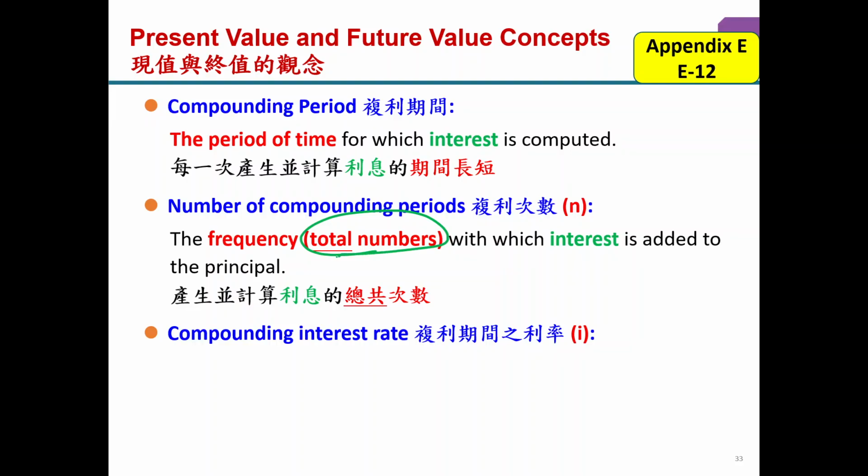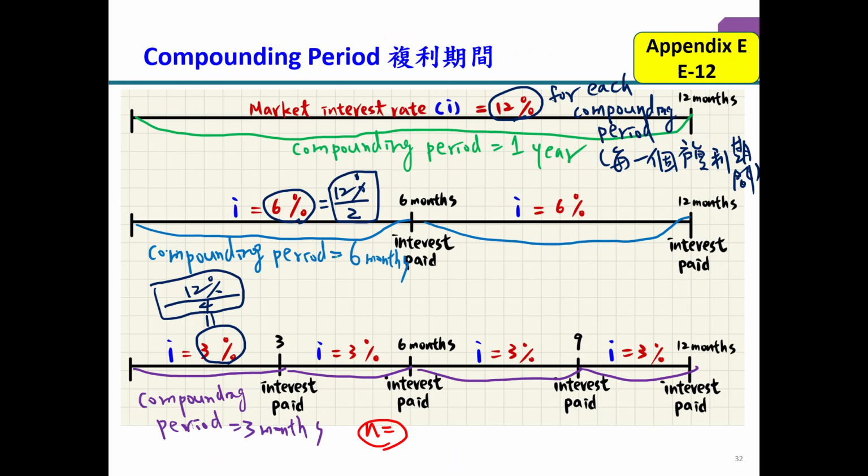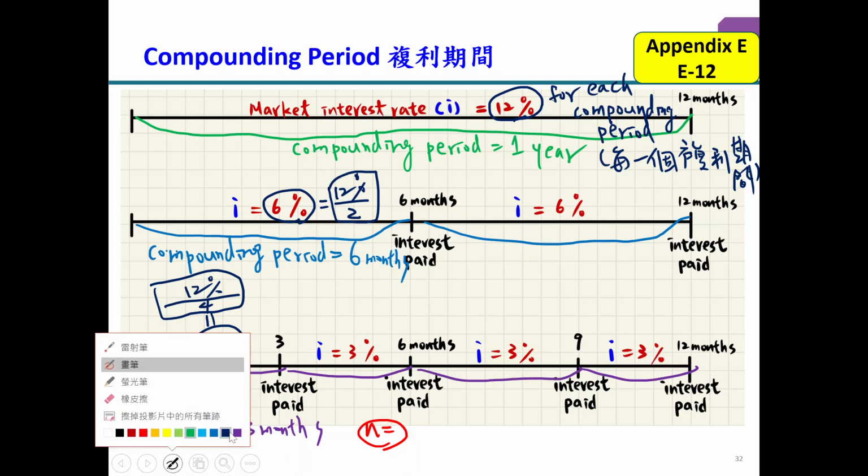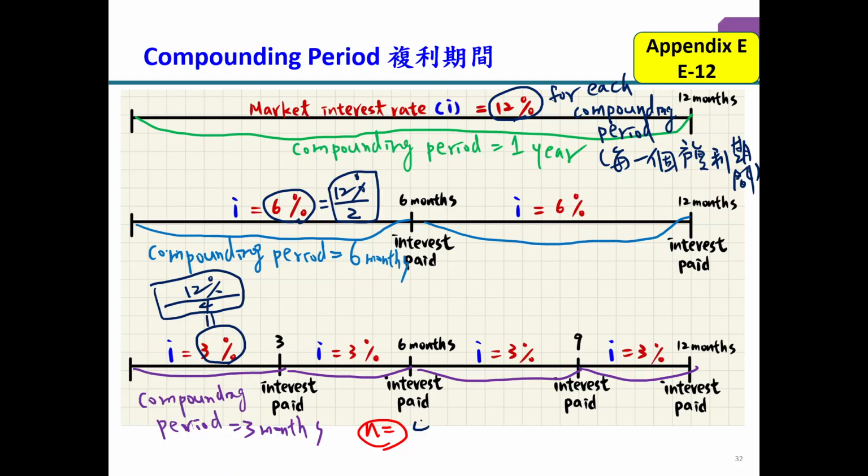So can you tell me what's N? For the last case, within 1 year, 1, 2, 3, 4, right? So it should be 4 times for 1 year.